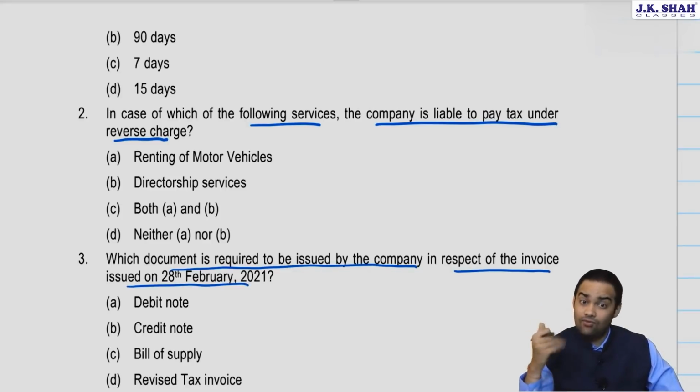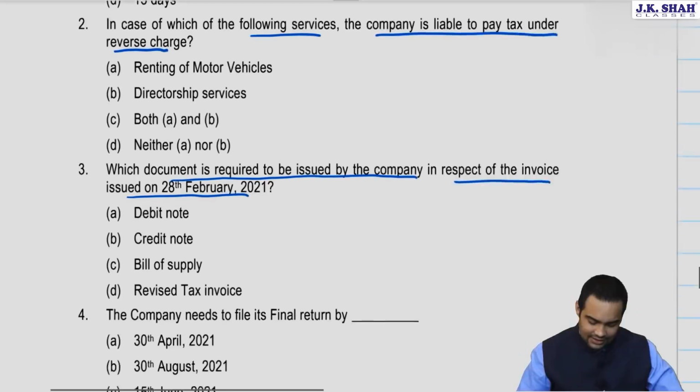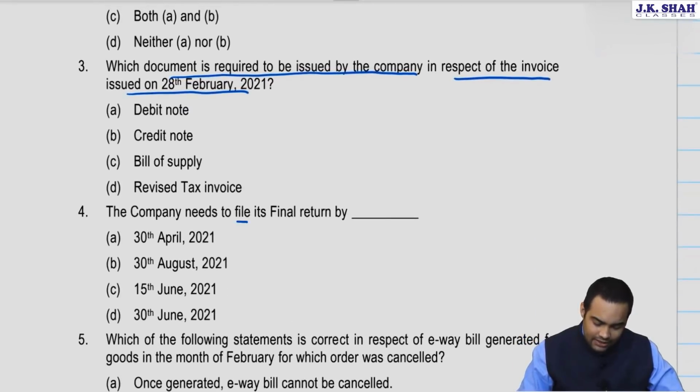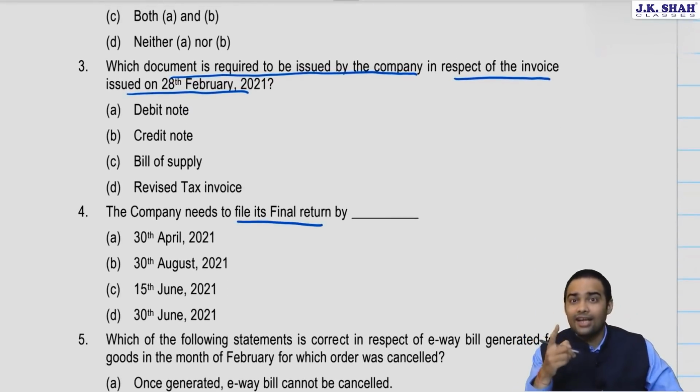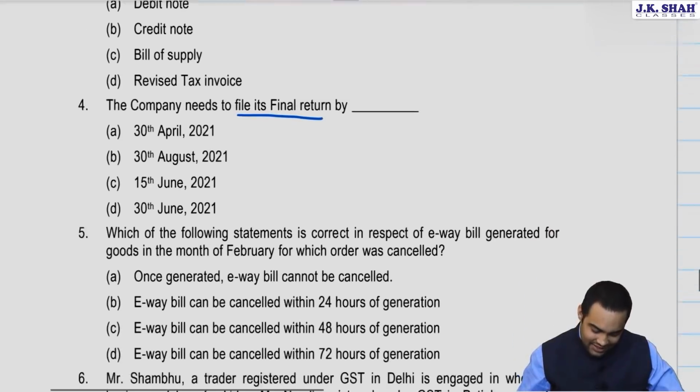We need to be careful while reading the case study. The company needs to file final return. Final return is filed in case of cancellation of registration. That means there will be a case of cancellation and we will have to find out the last date for filing final return. Okay.